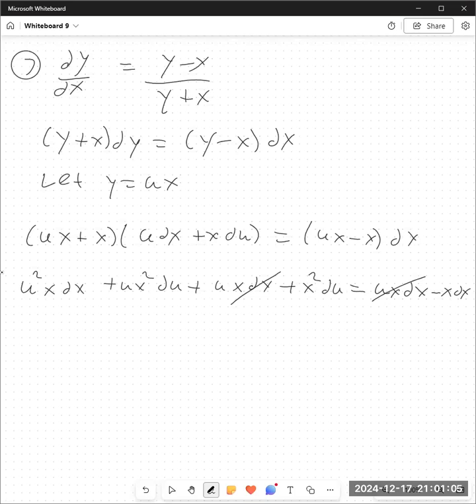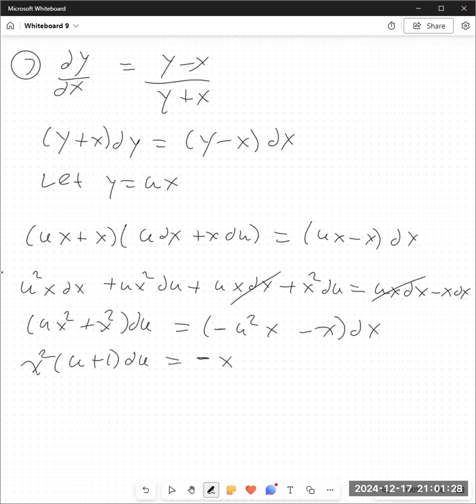So this will be ux squared plus x squared du is equal to a negative u squared x minus x dx. So that's going to be x squared times u plus 1 du is equal to a negative x times u squared plus 1 dx.